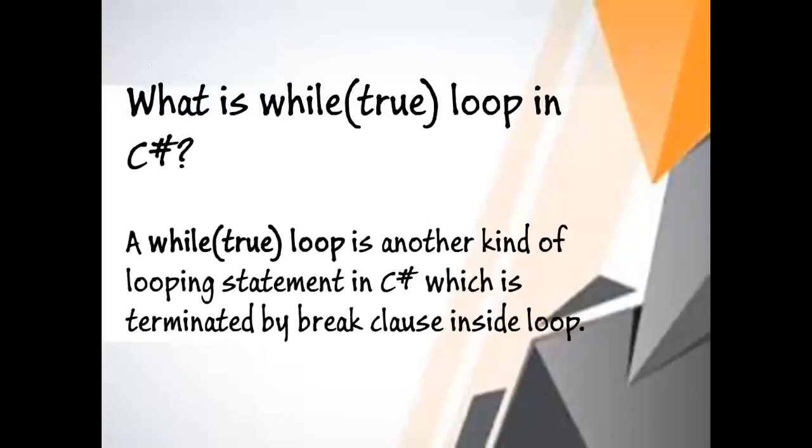A while true loop is another kind of looping statement in C sharp which is terminated by a break clause inside the loop. You may also call it an infinite loop, which stops its execution when the break clause is called.